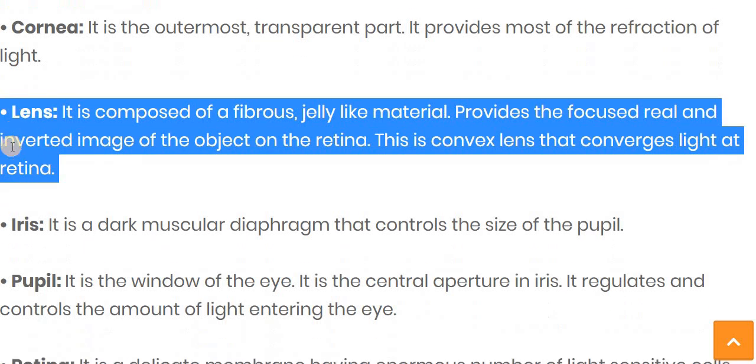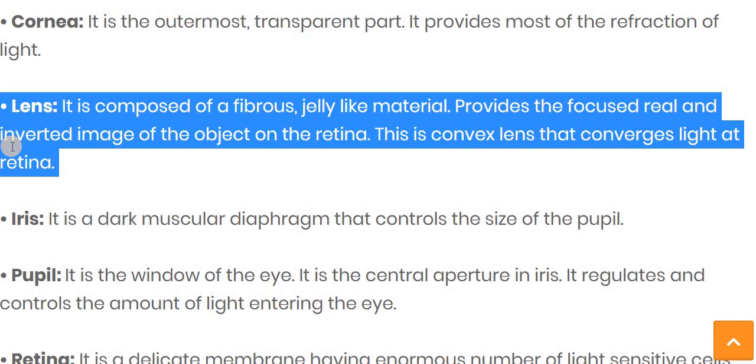The second part of the eye, that is lens, is composed of fibrous jelly-like material which provides the focused, real and inverted image of the object on the retina.